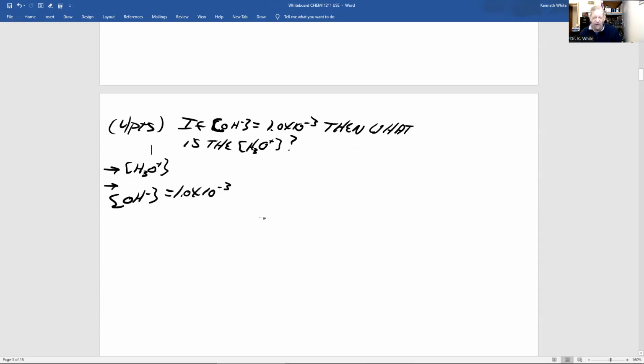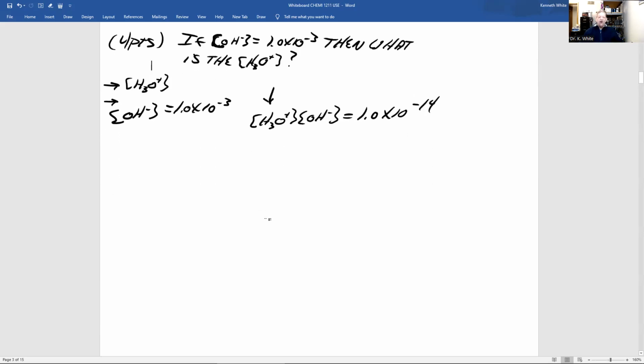So we know this. We're trying to solve for what? The hydronium ion concentration, H3O plus. We want it alone on one side. How do we get it alone? I'm going to let you try it first right here.